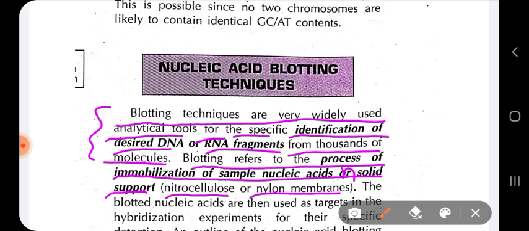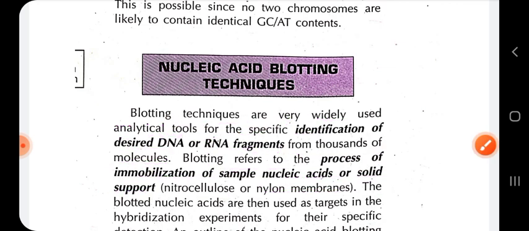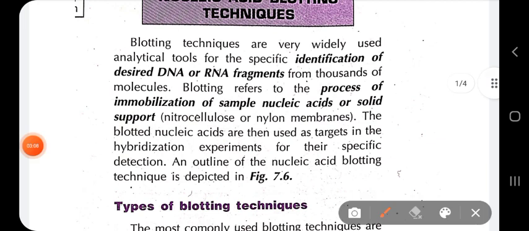Now that solid support is either nitrocellulose filter paper or nylon membrane. So we attach our sample DNA or our sample RNA molecules. From there we will try to identify our DNA of our choice.